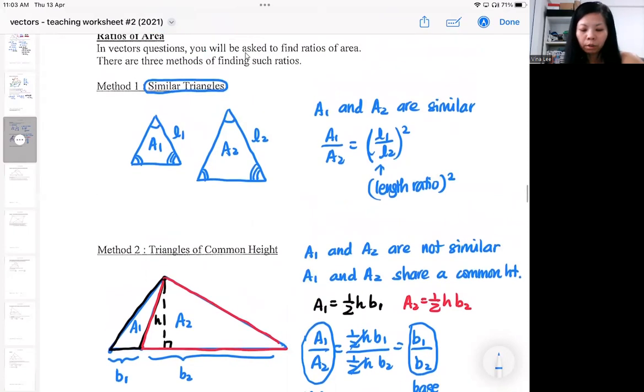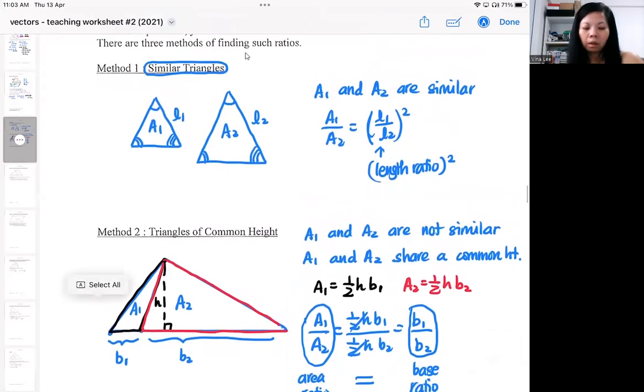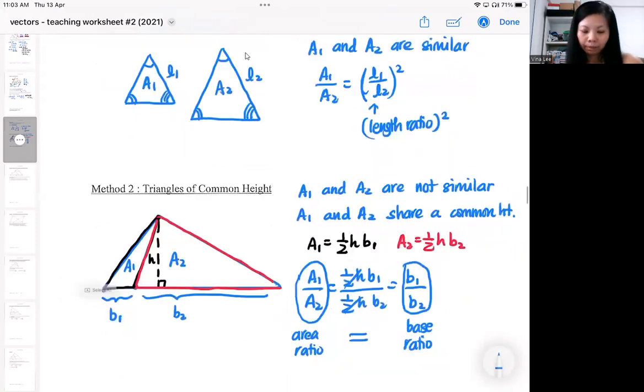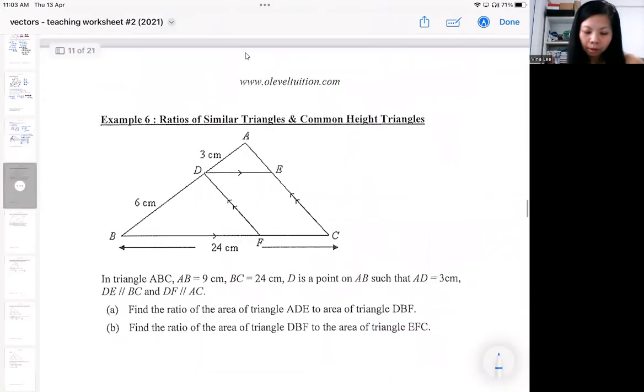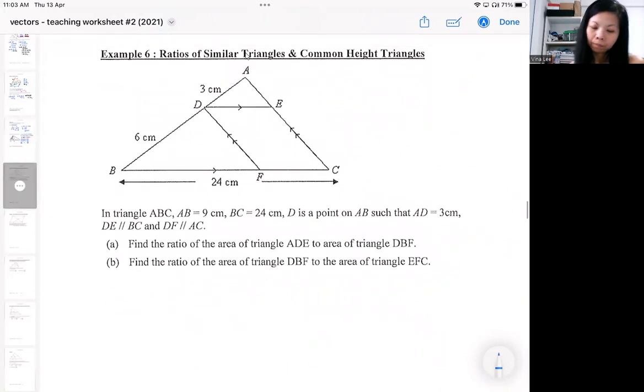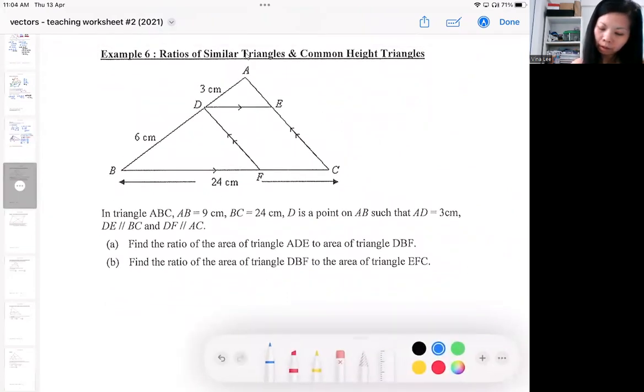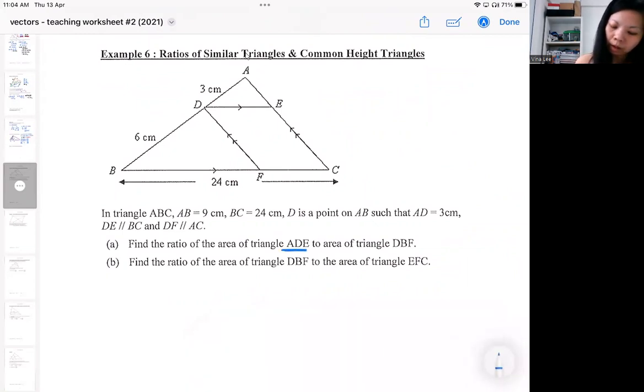Now I'm going to show you some samples of this ratio first, without any vectors. For example here, let's take a look. With all the information given, ADE and DBF.